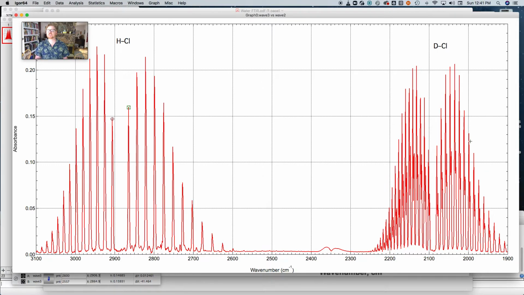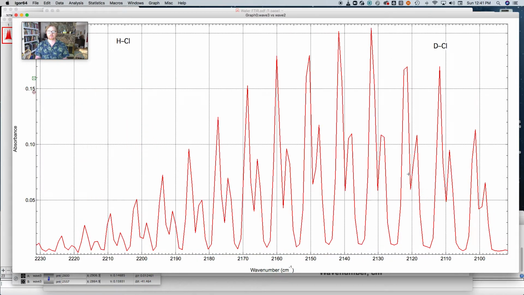There's something else that's observable in the DCl spectrum that's very cool, and it's present in the HCl spectrum. You just can't resolve it as well. But if I zoom in, I'm going to draw a box around just the R branch right here and blow it up. And now you notice that there's 2 peaks associated with each one of these transitions.